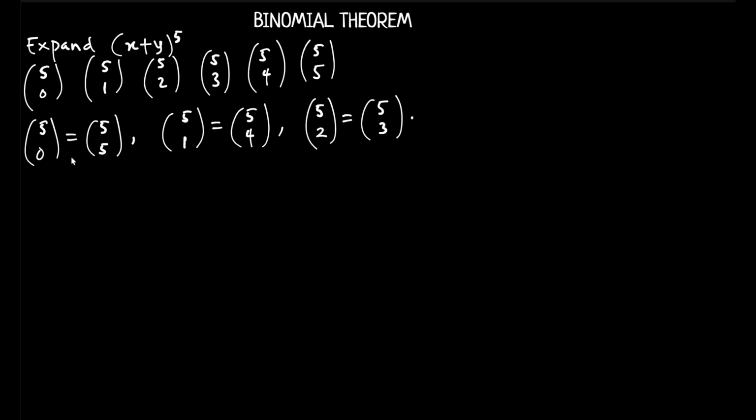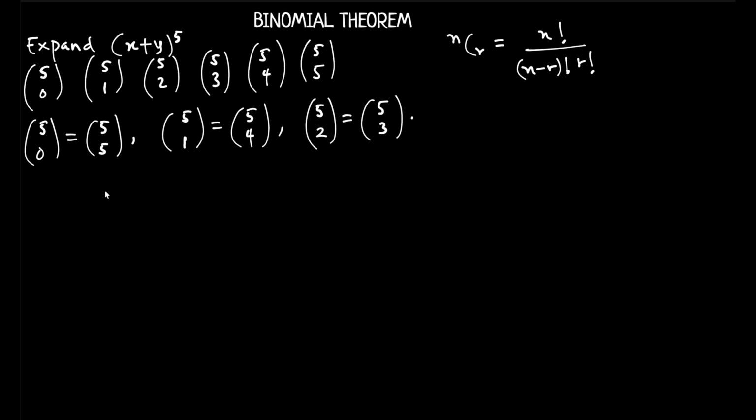Now let's find the solutions to this first. Right. So 5 combination 0 or 5 combination 5. Let me pick the one with the bigger number. Remember the formula for combination says if you have n combination r, it is going to be equal to n factorial over n minus r factorial, r factorial.